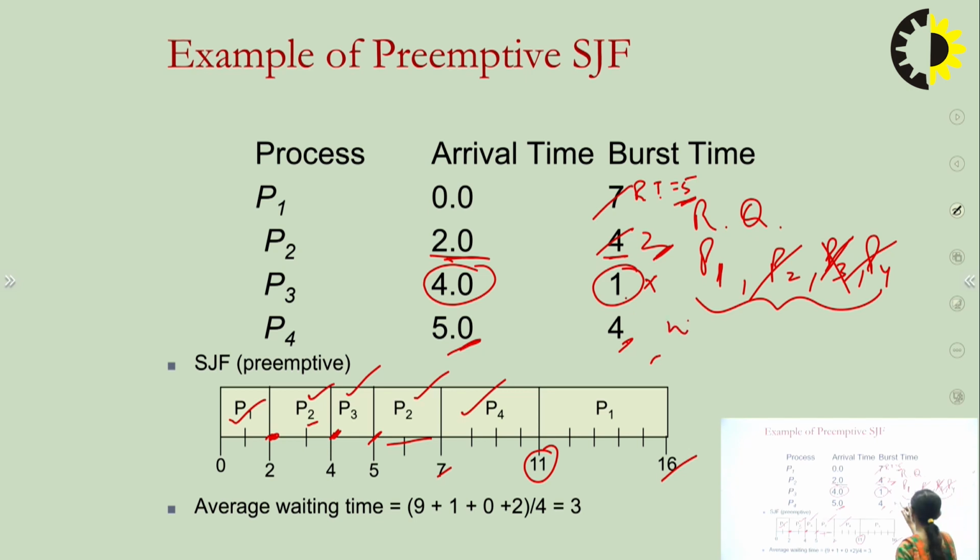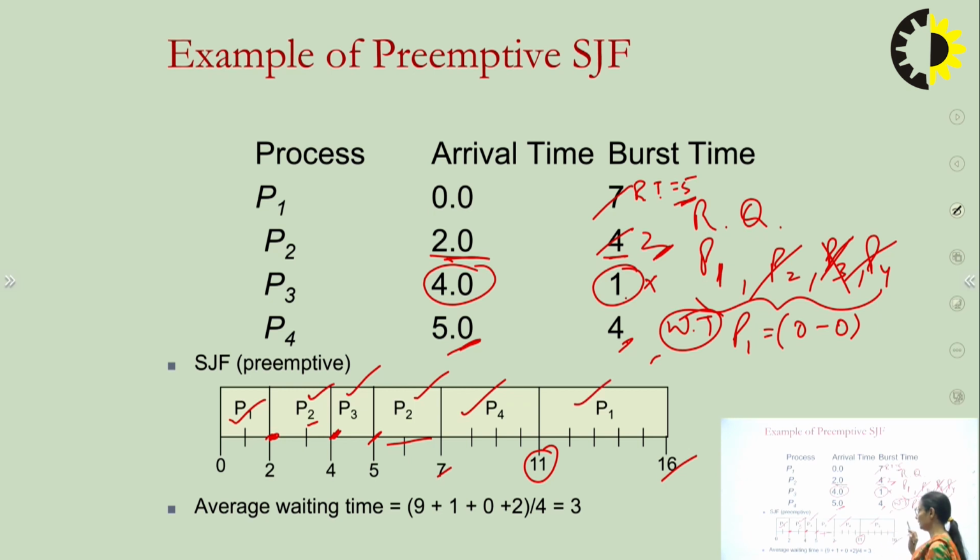Now, we will compute the waiting time in this case. In the case of P1, when P1 first came in the ready queue at 0, it got the scheduler. So, in this case, waiting time is 0 minus 0. But if you look at the Gantt chart, it has reappeared here.